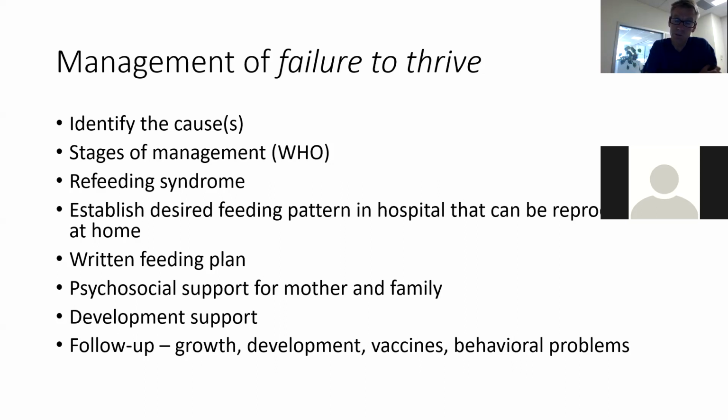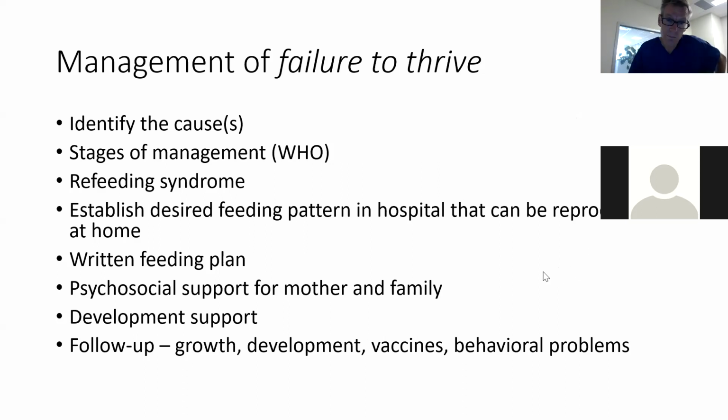I think children with severe malnutrition need a written feeding plan. You should do that both for their hospitalisation, but also after they go home. The discharge planning for children with severe malnutrition is very important.